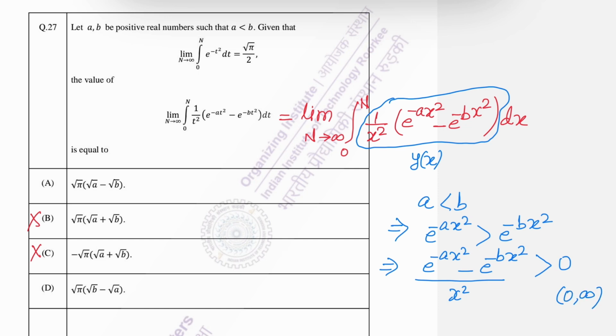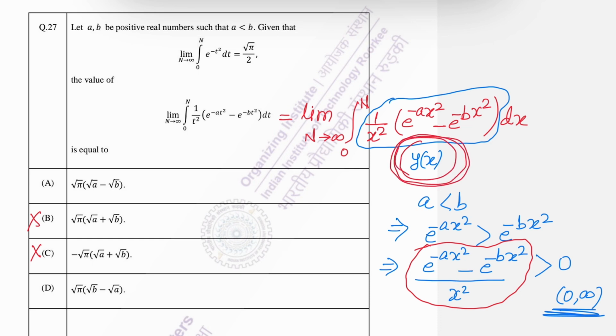In that interval we have to find the area, and in this interval this is always positive. What does it mean? It means that our y(x) is positive. Since y(x) is positive, it means that the graph is always above the x-axis. It means that the area will always be positive. So the area must be positive.